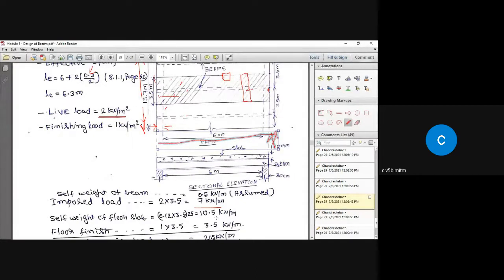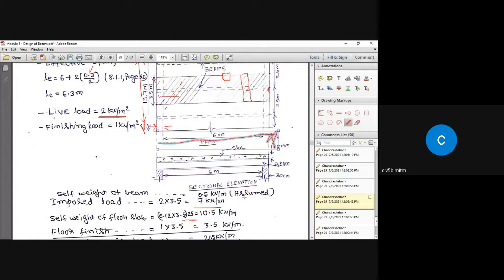Then self weight of the floor slab: the thickness of the floor slab is 0.12, multiplied by 3.5, that will give you the area of cross section of the slab of width 3.5 meter, multiplied by the unit weight of RCC, which is 25 kilonewton per meter cube, will give you the load due to the self weight of the slab, which is equal to 10.5 kilonewton per meter.